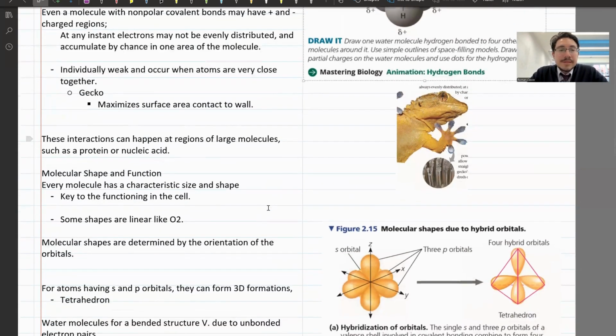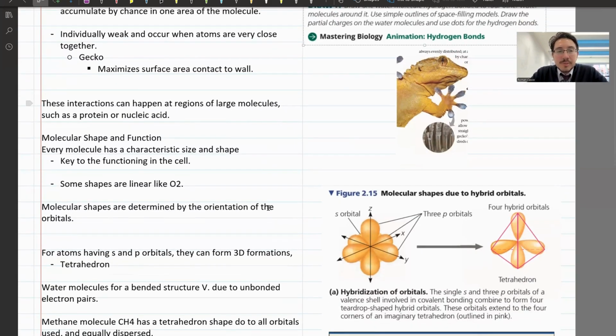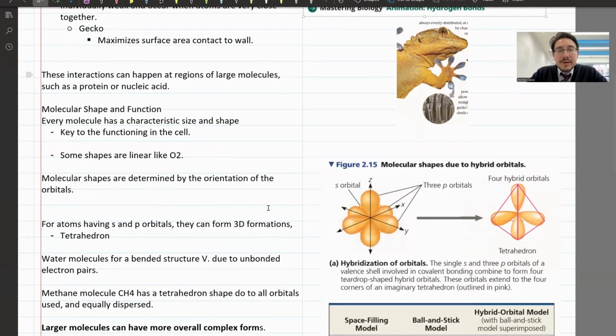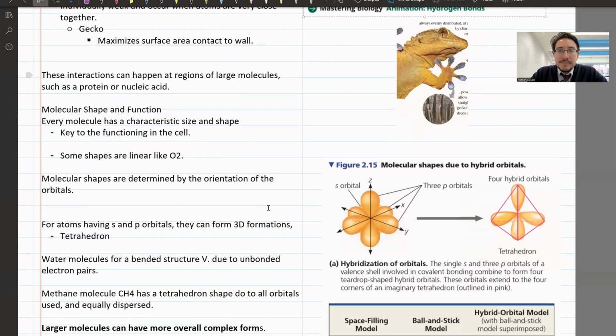These interactions can happen in regions of large molecules like proteins and nucleic acids that we're going to take a look at also. Molecular shape and function are very characteristic. Depending on the elements that you're using, the atoms that are building particular molecules, you will have a characteristic size and shape, and that's key to the functioning of a cell.